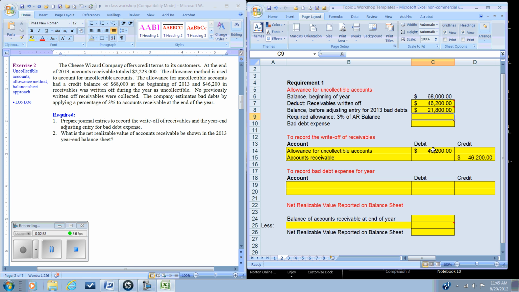Now our required balance is going to be 3% of the ending accounts receivable balance. The total of our accounts receivable balance, according to the problem, is $2,223,000, and we're going to apply an estimated percentage of 3%.